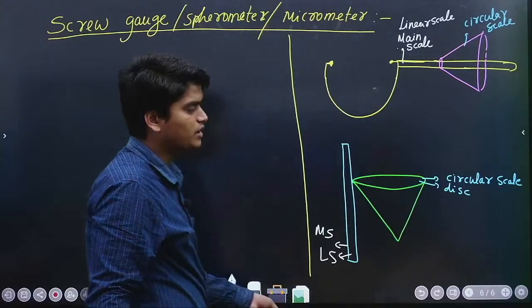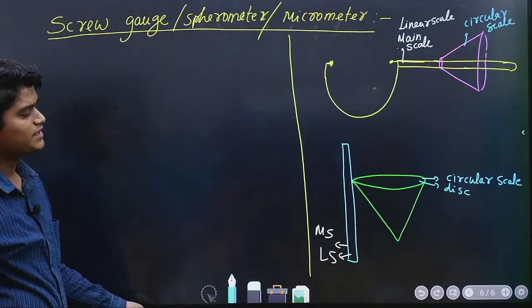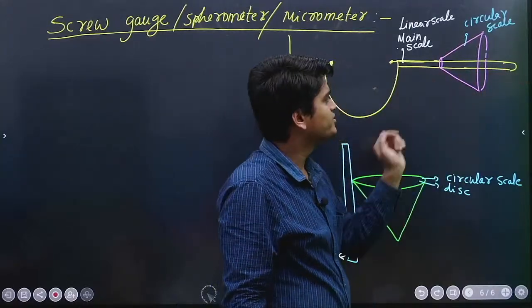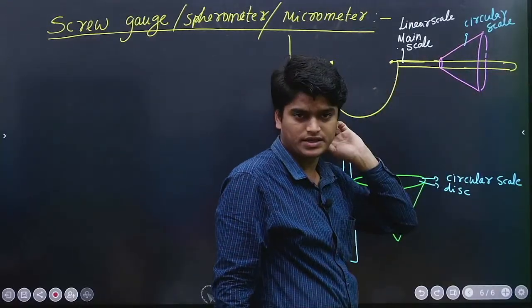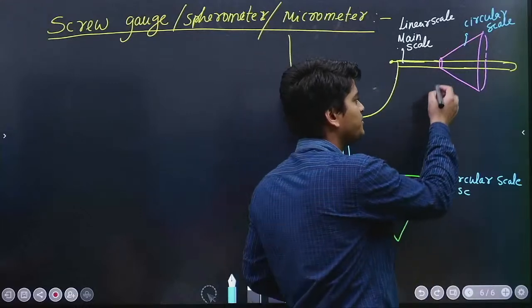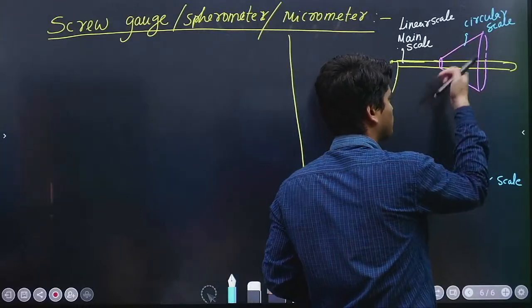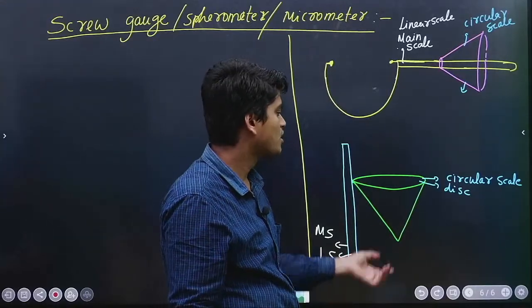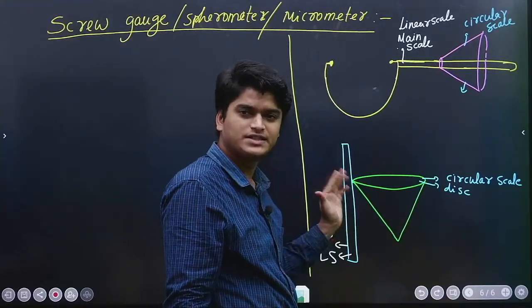Now listen, what is happening here? Some reading will be written on the main scale, and some marking will be given on the circular scale. In the circular scale, some divisions will be there. So we call it the circular scale division, and similarly for the main scale we call it the main scale division.